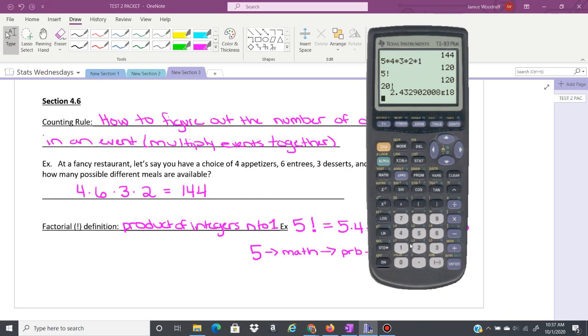Okay, let's do one with a smaller number. Let's do 9. 9 factorial. There you go. So that's 9, 8, 7, 6, 5, 4, 3, 2, 1.